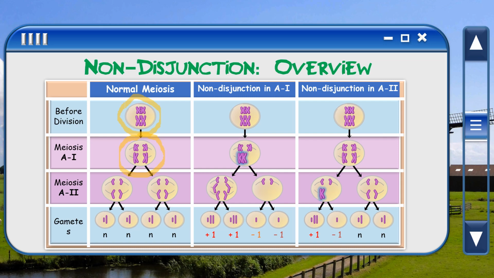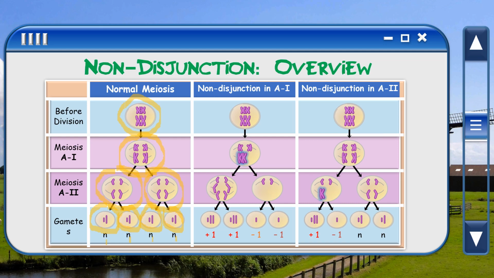And in anaphase 2, we are separating sister chromatids. Here the sister chromatids are separating and going to different poles. And we end up with 4 haploid cells. All of them are haploid. These ones are normal, with the haploid number of chromosomes.